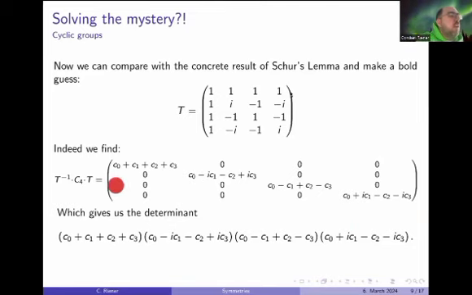The entries on the diagonal are exactly these roots of unity in front of the different coefficients c_i, in the way that I arranged it above. Of course, if I now take the determinant of this matrix, everybody in the room, even the people without a computer, should be able to compute it, because the determinant is just the product over the diagonal, which is exactly what we were supposed to find.